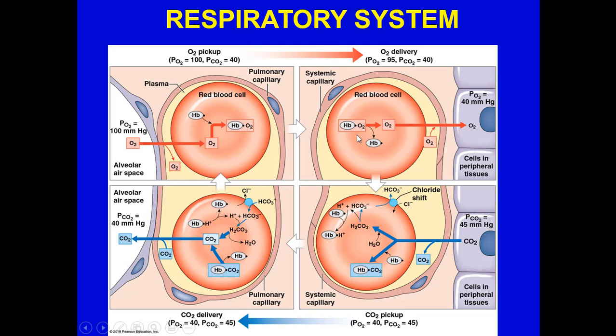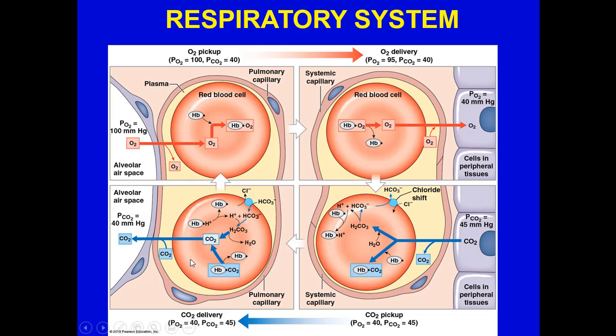Here, you're going to deliver oxygen to actively metabolic tissues, the peripheral tissues. The hemoglobin is going to release the oxygen, and it gets basically directed right out of the capillary into the metabolic tissue because the oxygen concentration here is much lower than what's in here.